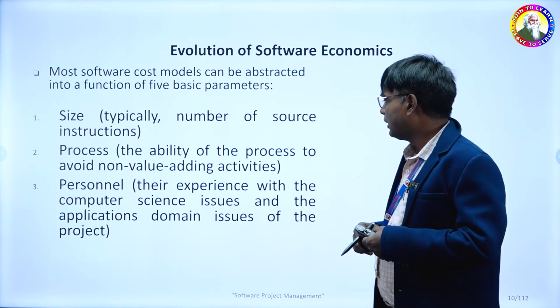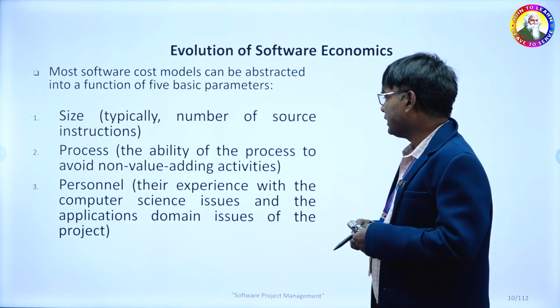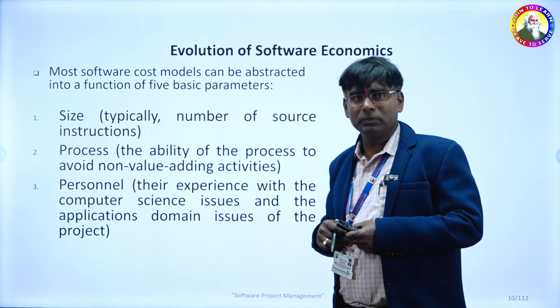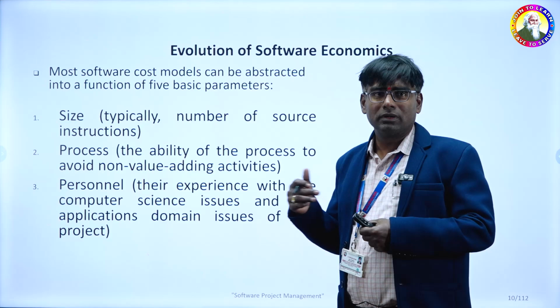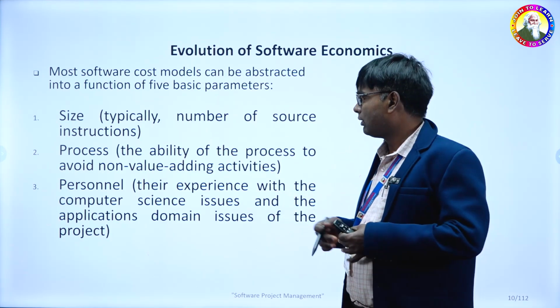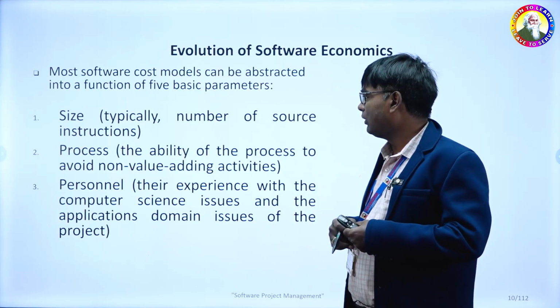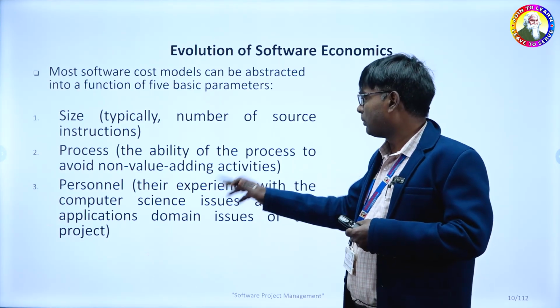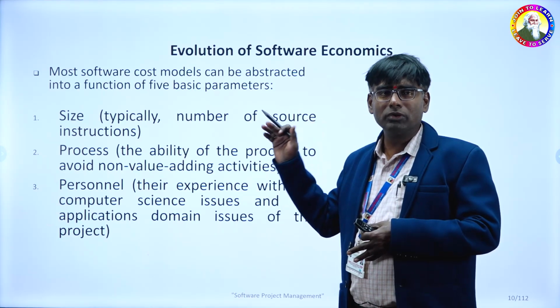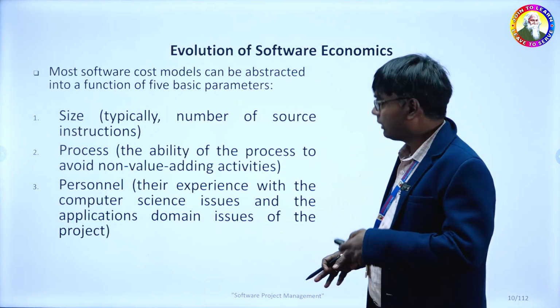Next one, personnel: experience with computer science issues and application domain issues of the project. Whatever persons are involved in the project development, right from the inception phase to the ending phase, their experience must add value to the development of a project. They must be aware of computer science issues or application domain issues and be able to solve them. That is the third one.